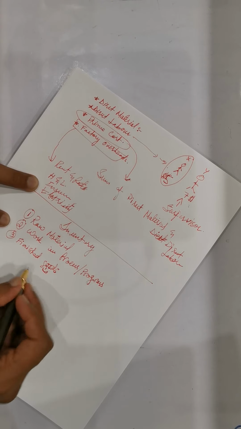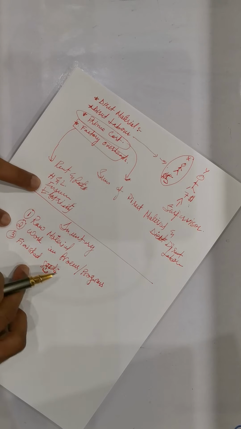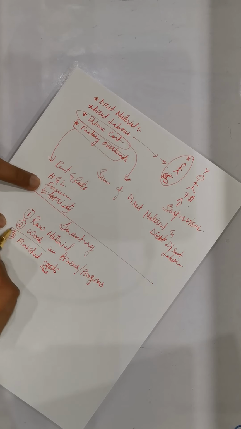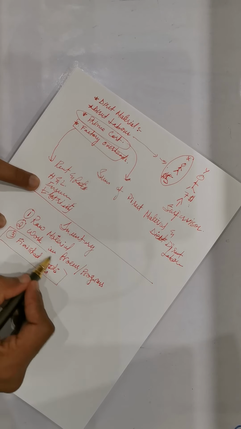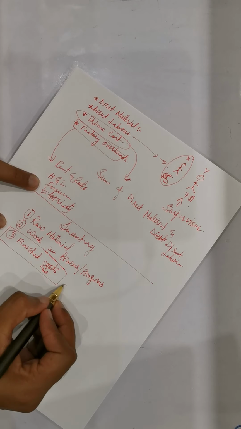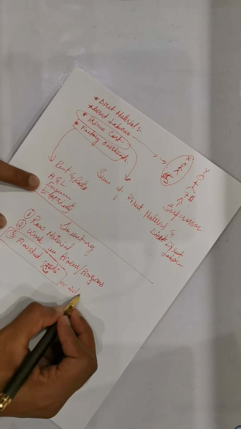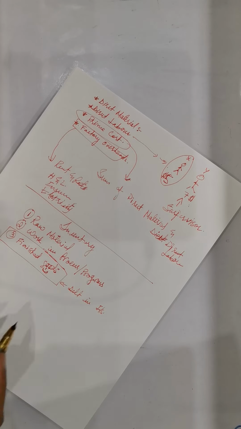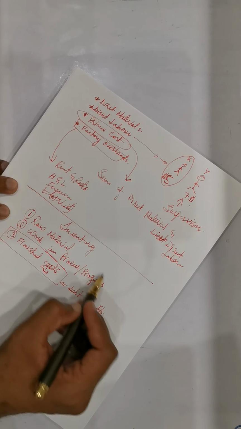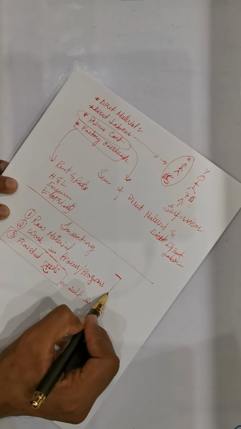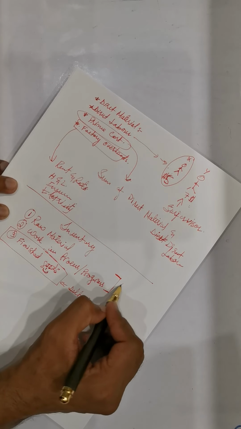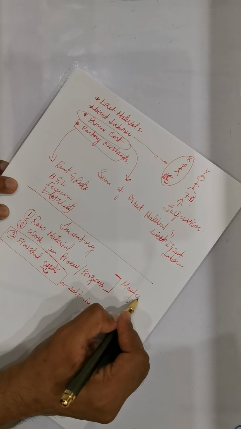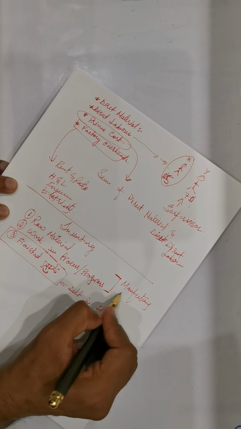Why are they smiling? Because finished goods are the only one which are dealt in income statement. The first two, the raw material and the work in progress, are dealt in manufacturing account.